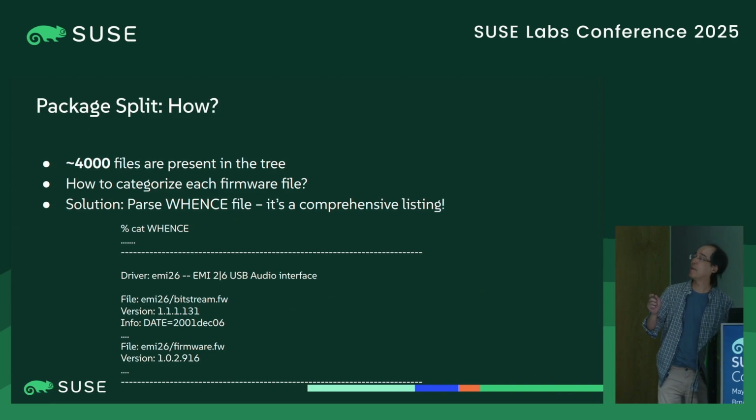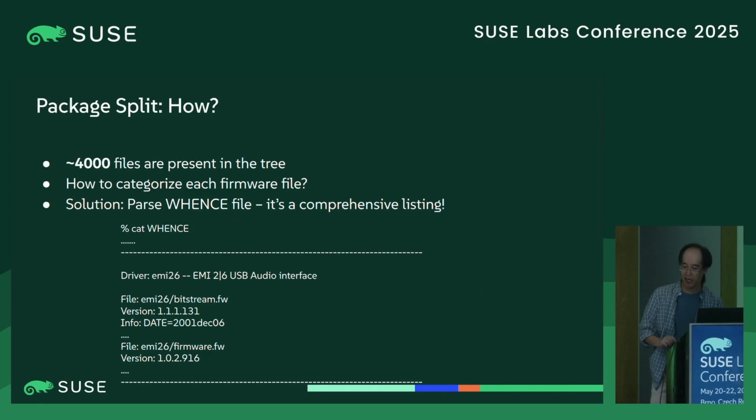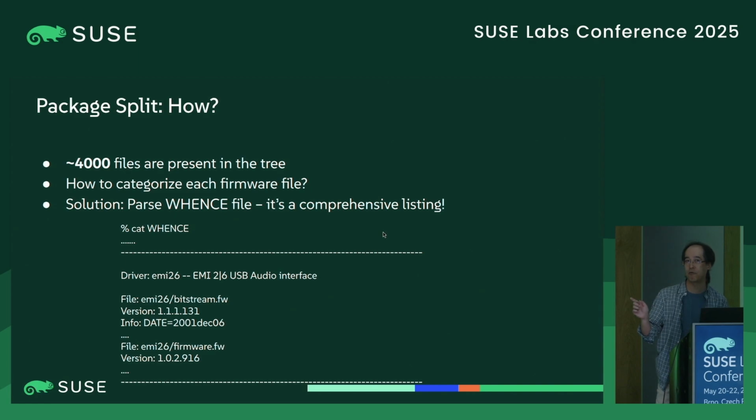So remember that the WHENCE file lists all firmware files, and this consists of the sections of the drivers. For example, in this case, it shows the EMI26 driver, and it lists the two firmware files, emi26/bitstream, whatever.